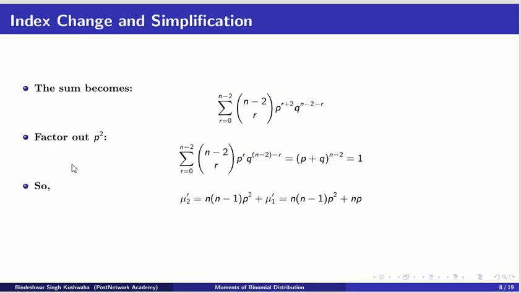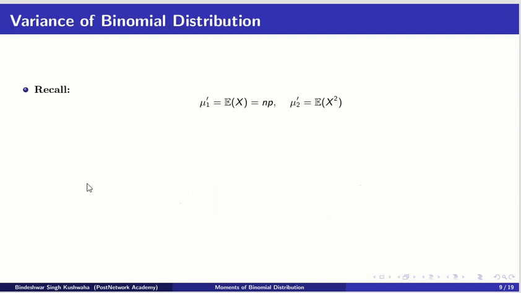So we will get here p square, we will take it out, and mu1 prime. So that is the second moment. So the second moment will be equal to n(n minus 1)p square plus np. And what would be the variance?